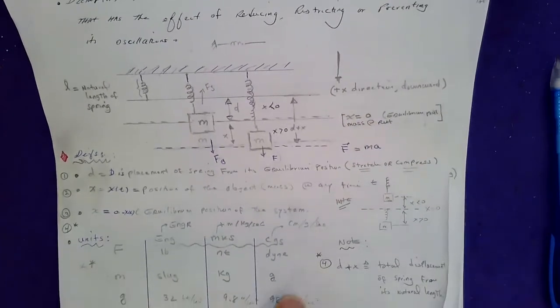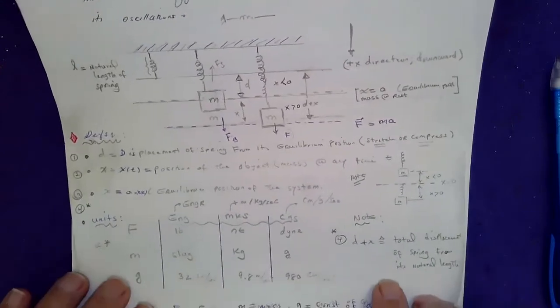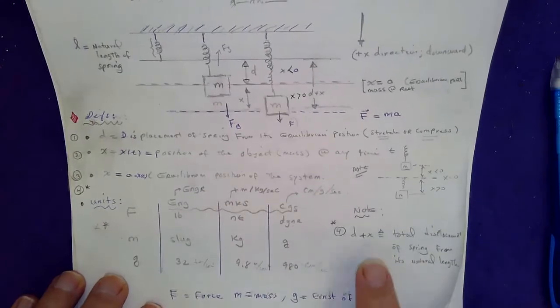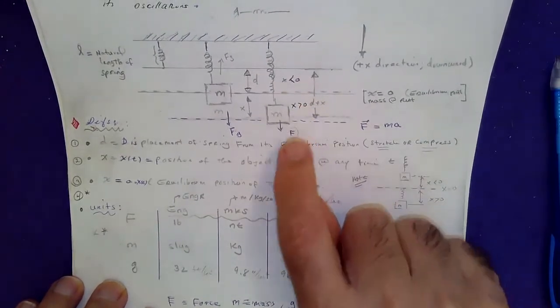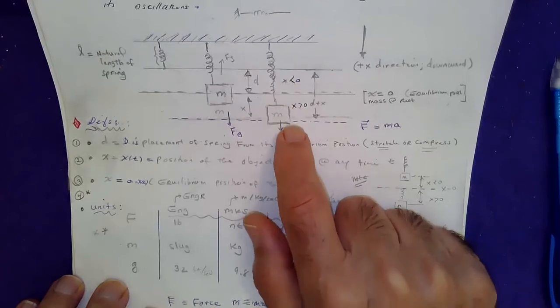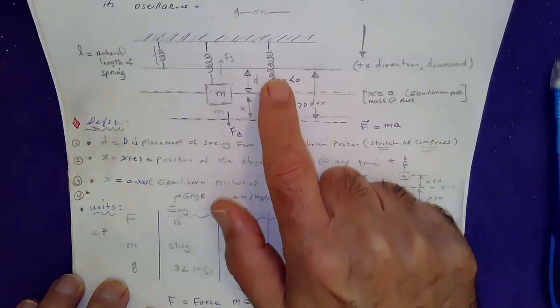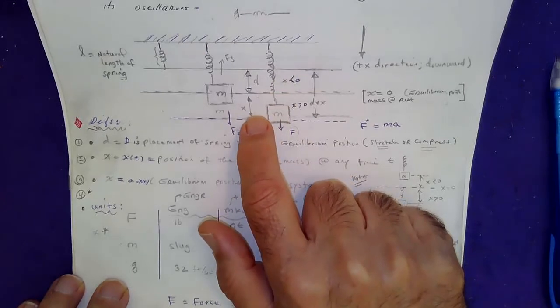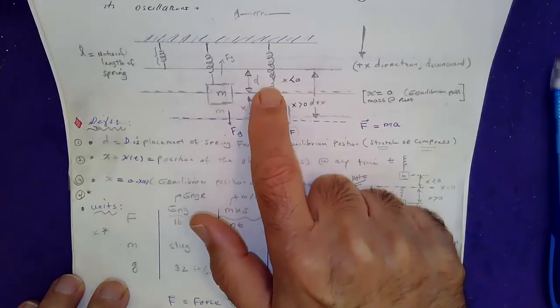Now, before we go over some problems, let's make sure we understand the units. Also, D plus X: if you apply an external force to move this mass, you're going to add an amount X to the amount of deflection.